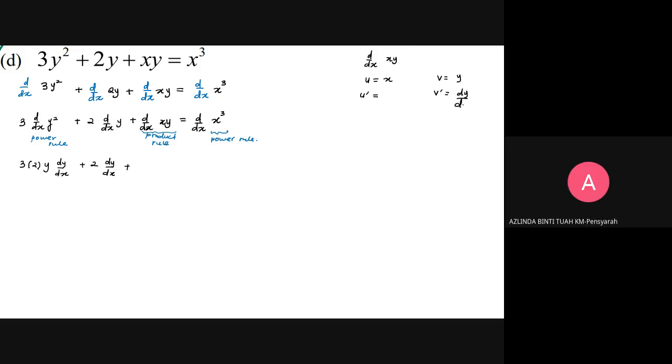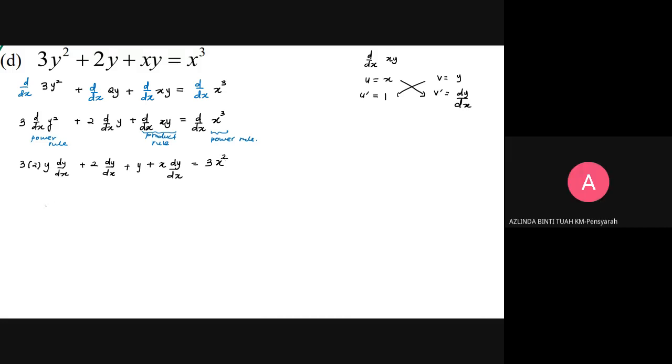Okay, wait a minute. So the answer of the product rule, once again? y plus x dy dx. Okay, next. This one, differentiate, we get 3x over 2.